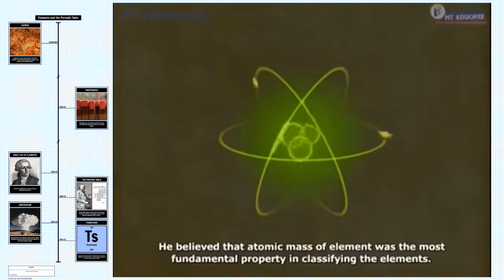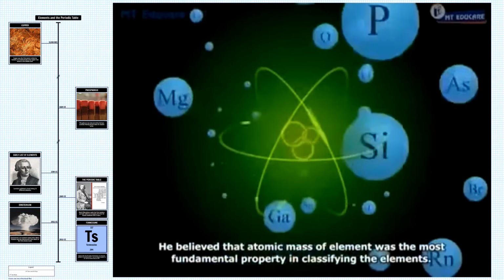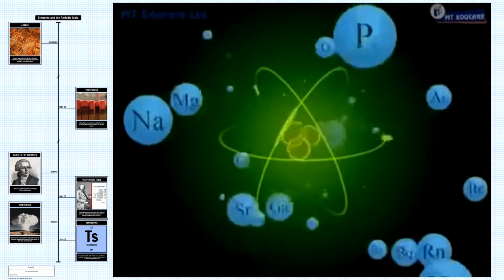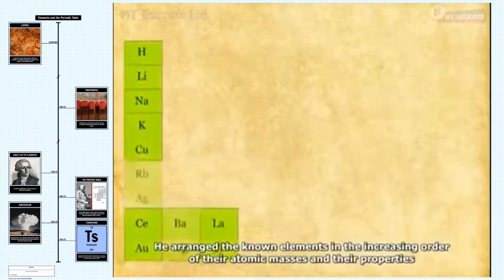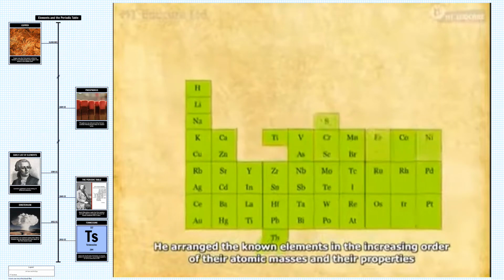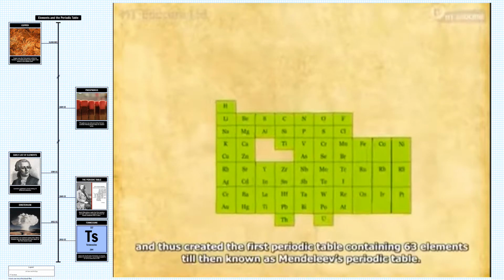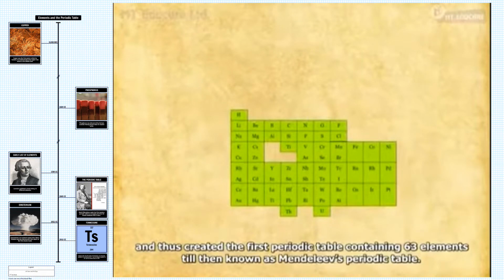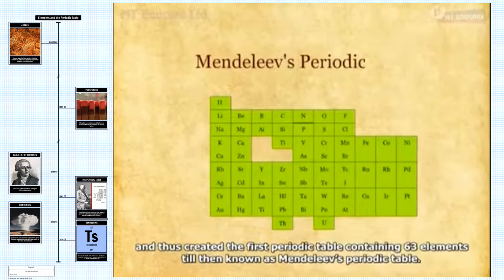He believed that atomic mass was the most fundamental property in classifying the elements. He arranged the known elements in increasing order of their atomic masses and their properties, and thus created the first periodic table containing 63 elements, then known as Mendeleev's periodic table.